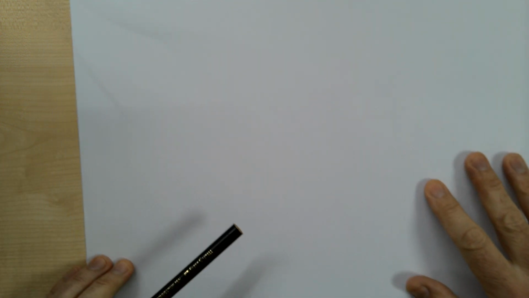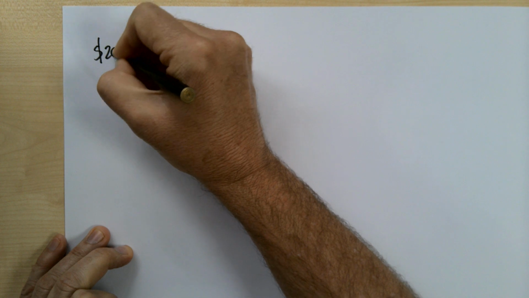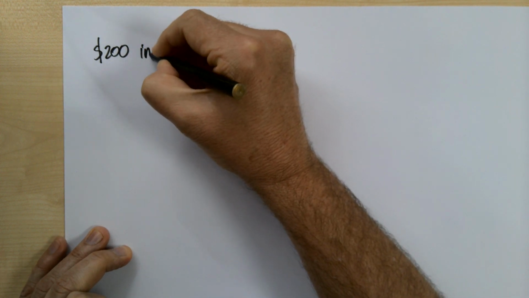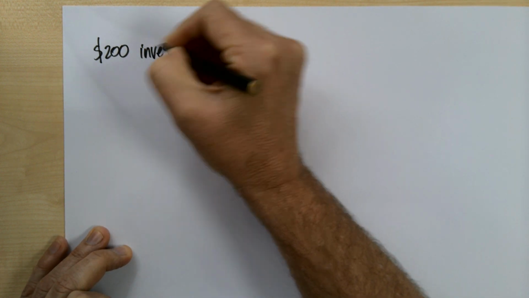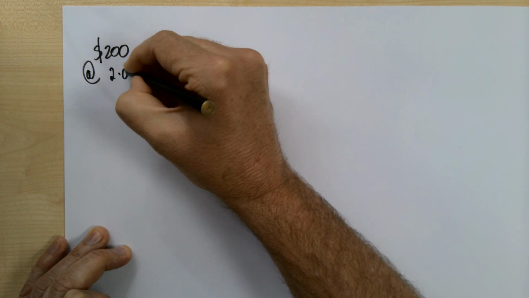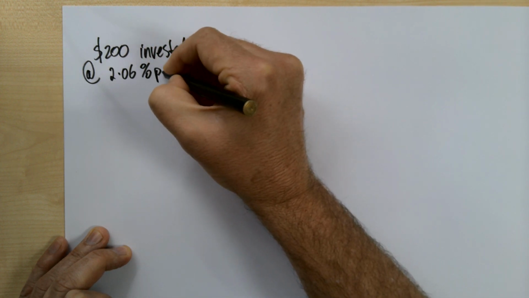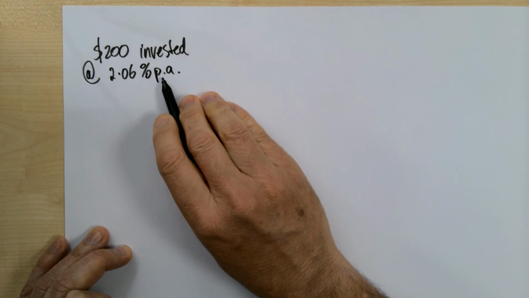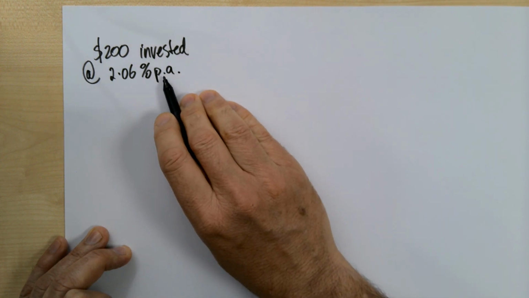So let's say someone's investing $200. If $200 is invested at 2.06% per annum, okay? Don't put your hand up in the test and ask what PA means.